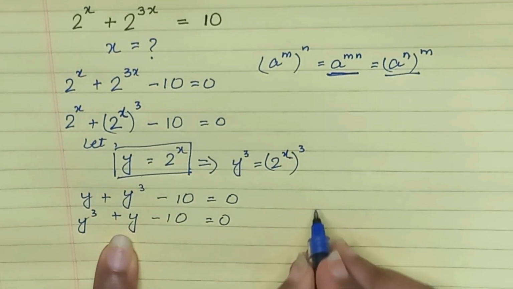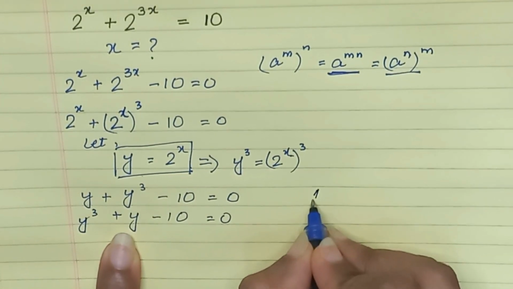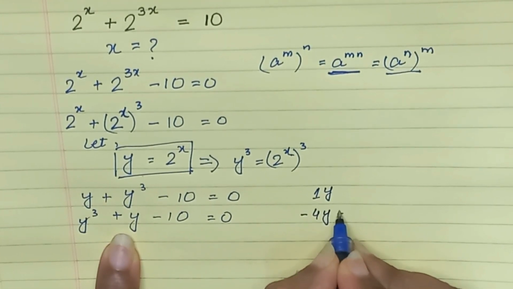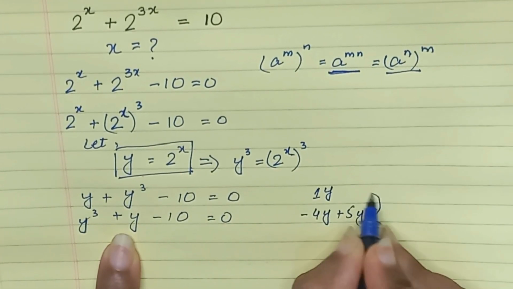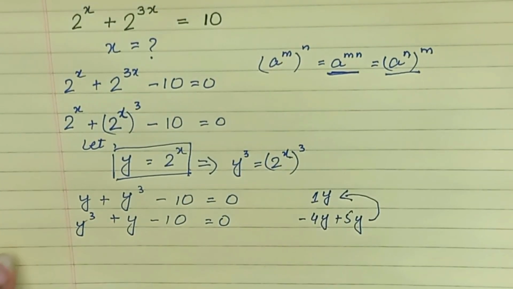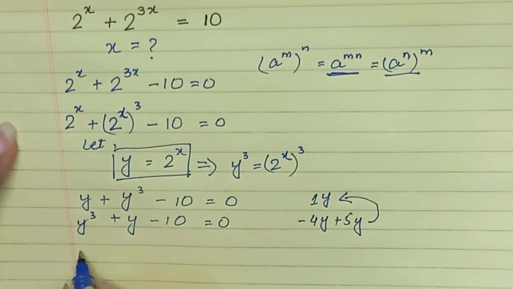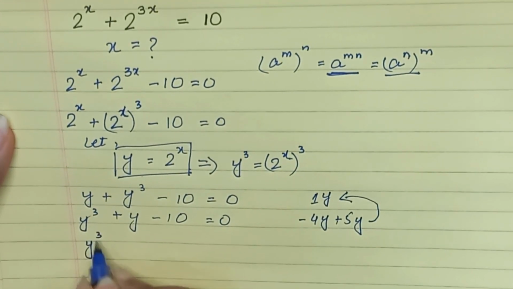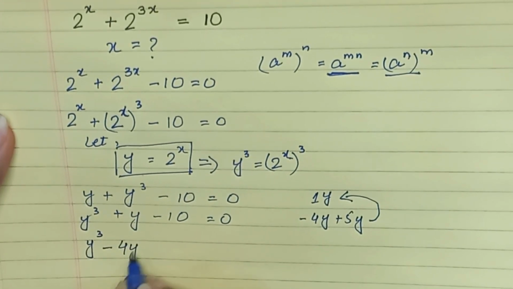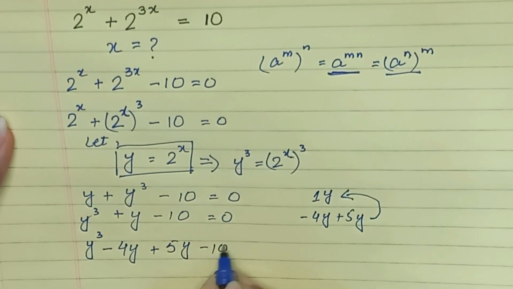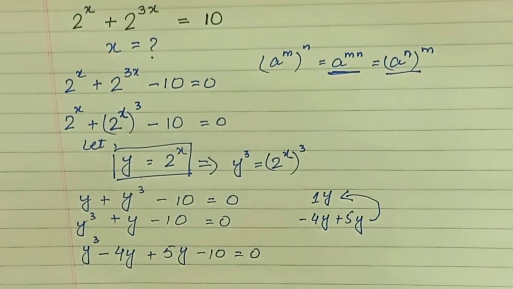Now this plus y can be written as it is 1y, so we will write it as minus 4y plus 5y. It is the same as 1y. So we will replace y with minus 4y plus 5y. So it will become y cube minus 4y plus 5y minus 10 equal to 0.